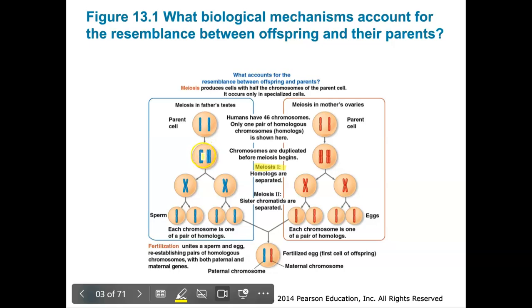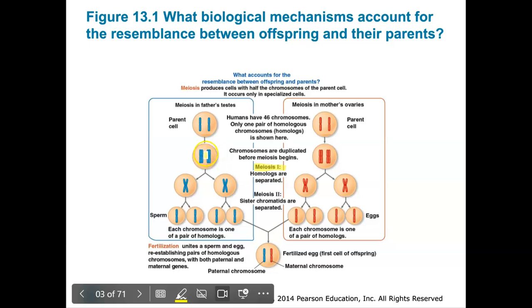So this homologous pair of chromosomes has genes for the same traits. Now they might not be the same versions. Maybe there's a gene for green eyes and then a gene for blue eyes on the other one. But they're going to be genes for the same traits.